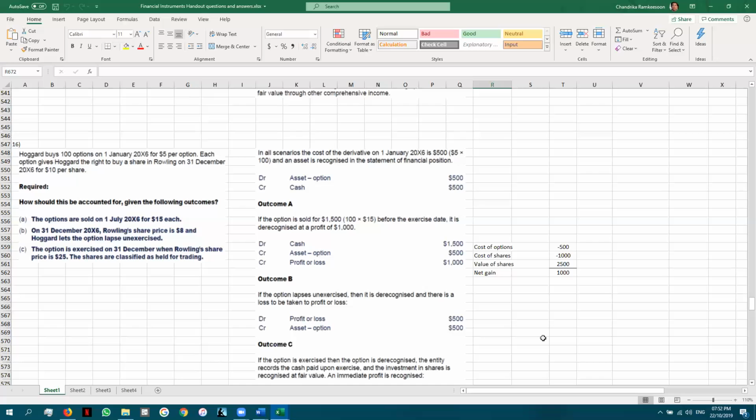Hogarth will in fact allow the option to lapse, meaning he will not exercise. If the option lapses on exercise, then it is derecognized and there is a loss to be taken to P&L. Now it has to be derecognized, remember it has to be removed from the books, thereby crediting the asset, but debiting P&L, because there is a loss.